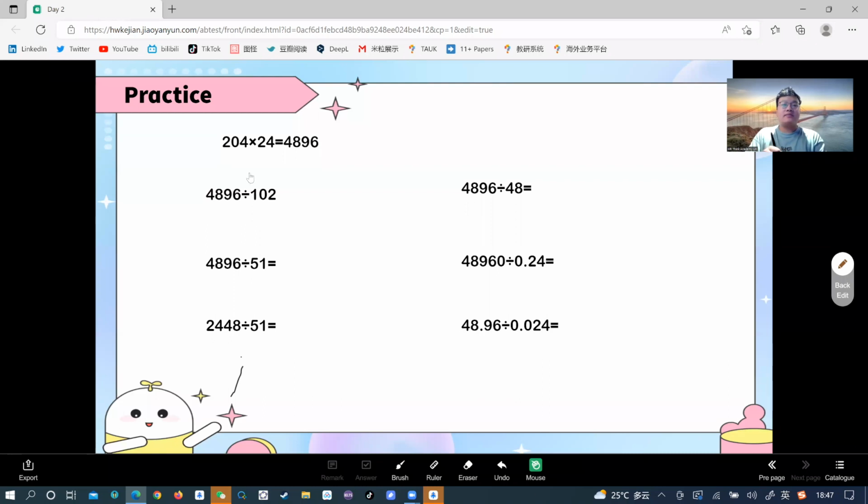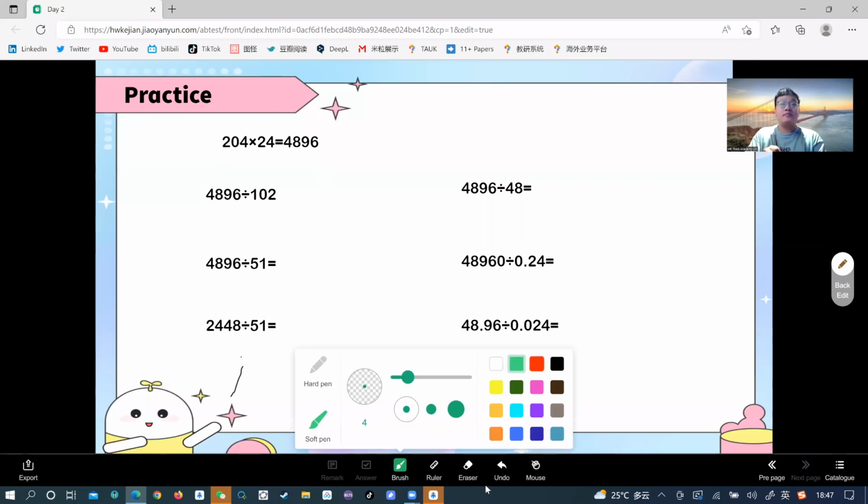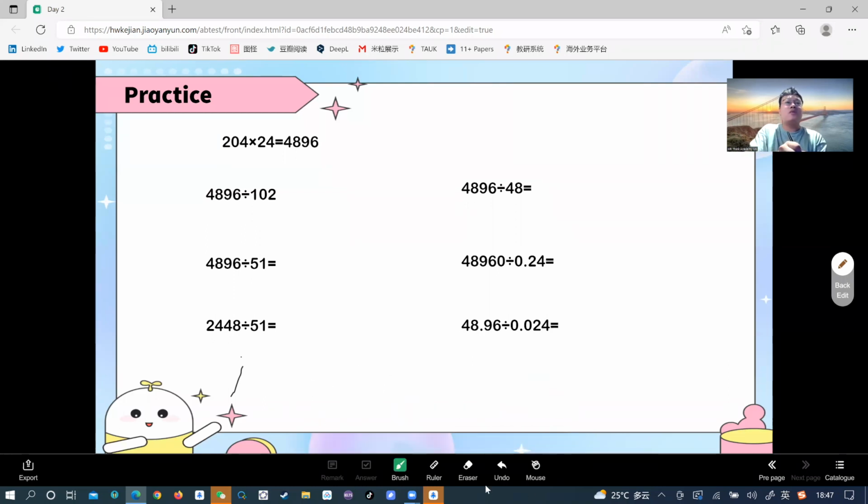So given that 204 times 24 is 4,896. So that is given information here. And we're going to use this information to answer all of these following questions.